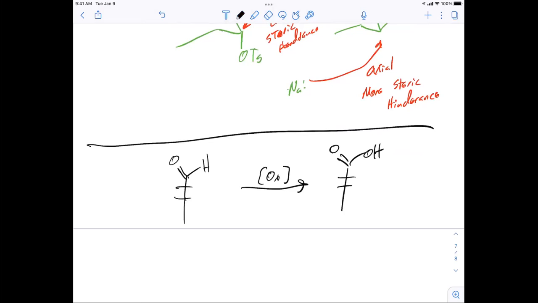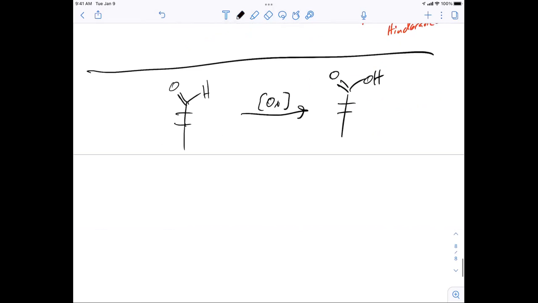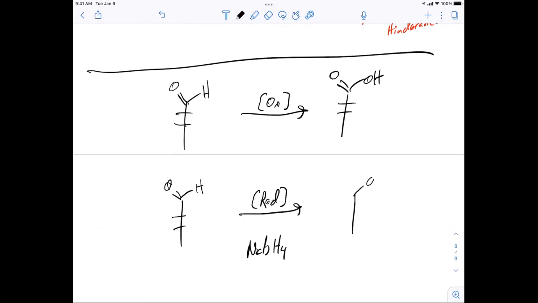So aldehydes, ketones, and alcohols. I can also take these with reducing conditions. And in this case, it actually is something as simple as sodium borohydride, not lithium aluminum hydride, which will catch on fire, in alcohol, and that would reduce this down to the alcohol. And I'm not showing all of the structure here.